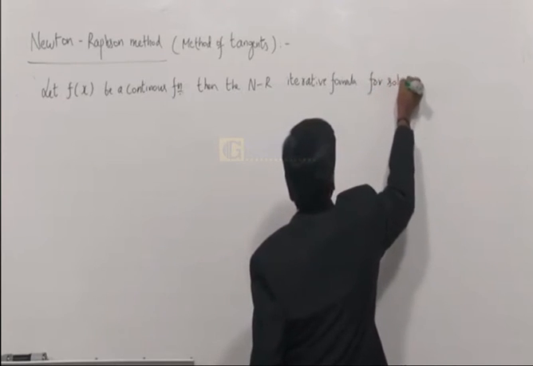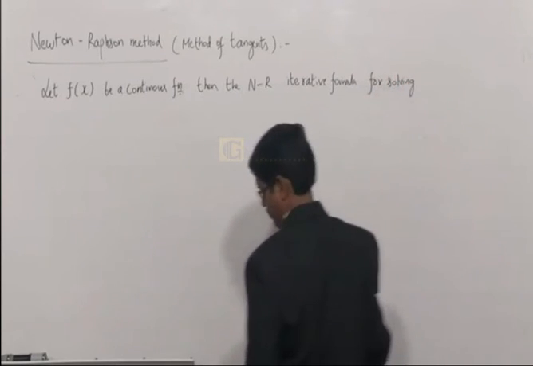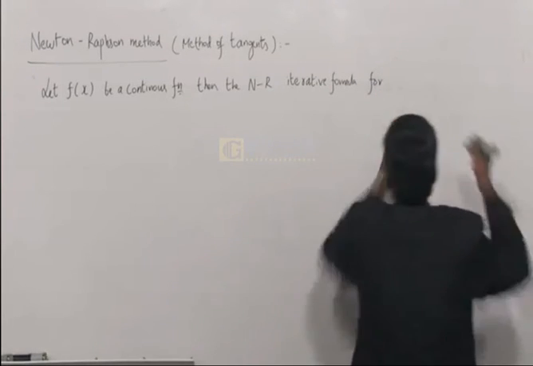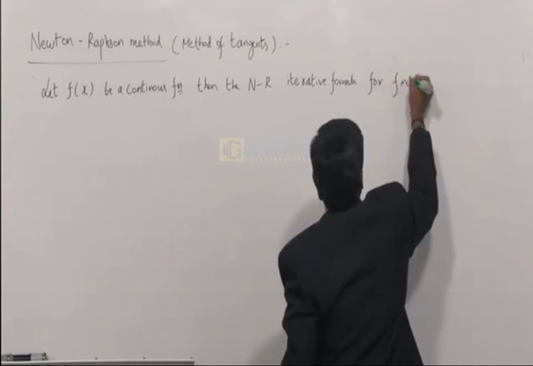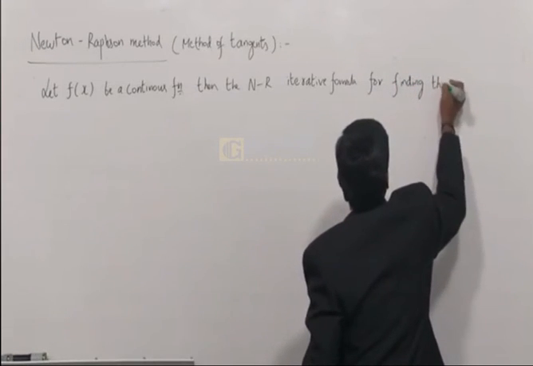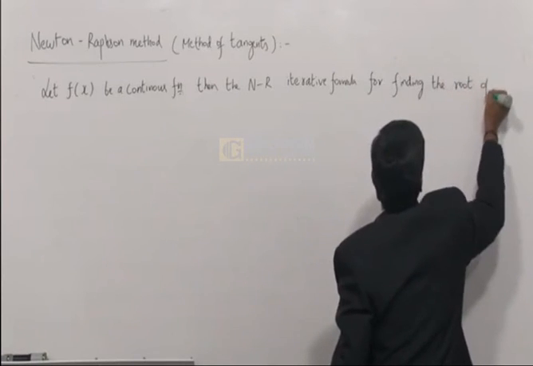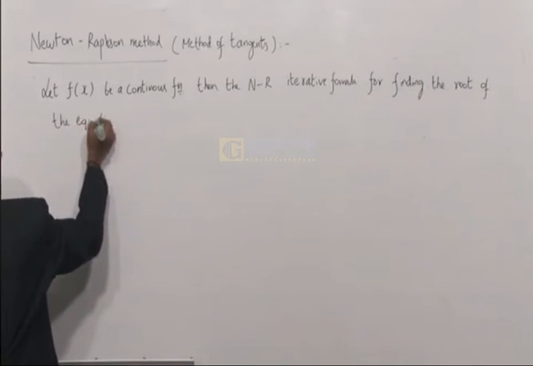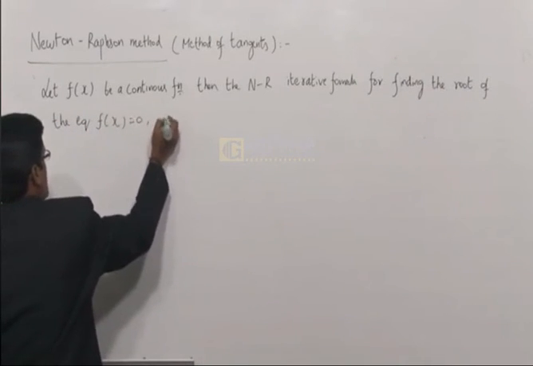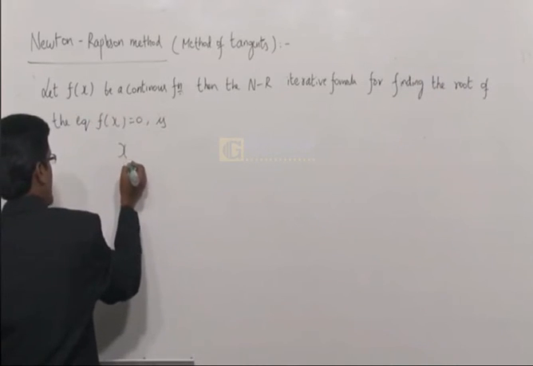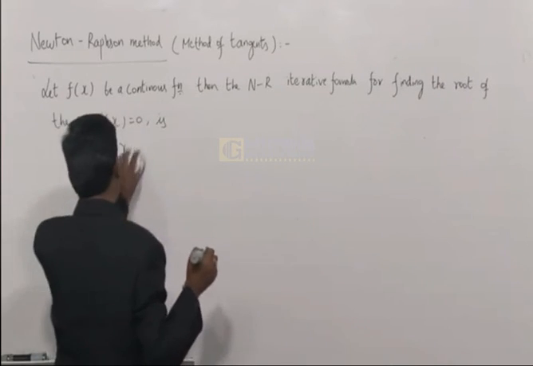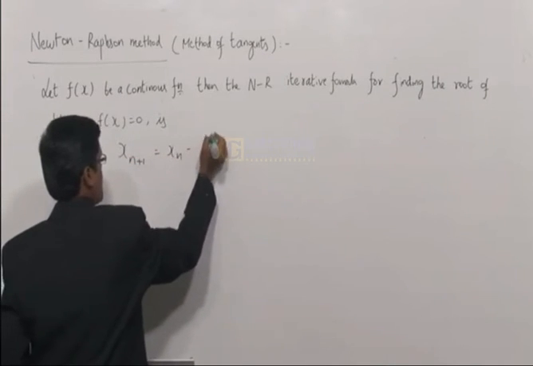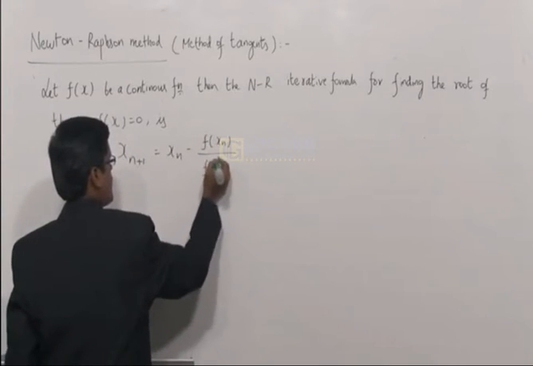For finding, instead of solving, better to write the word finding, the root or a root of the equation f(x) equal to 0, is x(n+1) equal to xn minus f(xn) divided by f dash (xn).